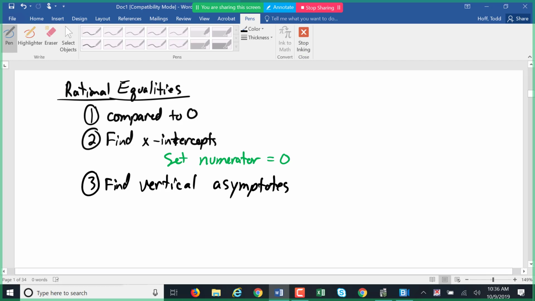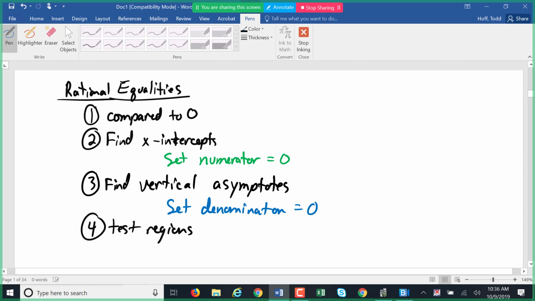I do that, if you recall, by setting the denominator equal to 0. And I solve. And then, just like with the polynomials, I test the regions. The roots and the asymptotes divide the x-axis into regions. Just like the roots of the polynomial equations or inequalities.